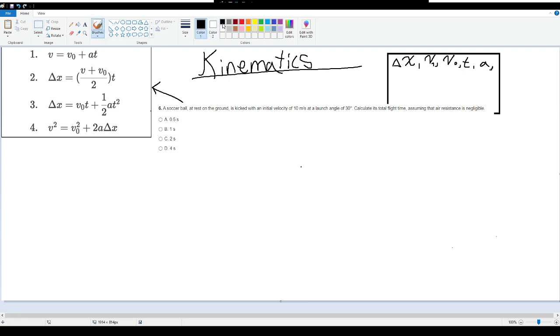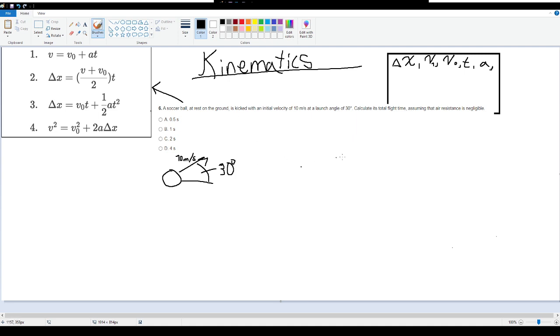So let's take a look at this question here. What is it asking us? So let's go ahead and draw a ball with an initial velocity of 10 meters per second that is being launched at an angle of 30 degrees.